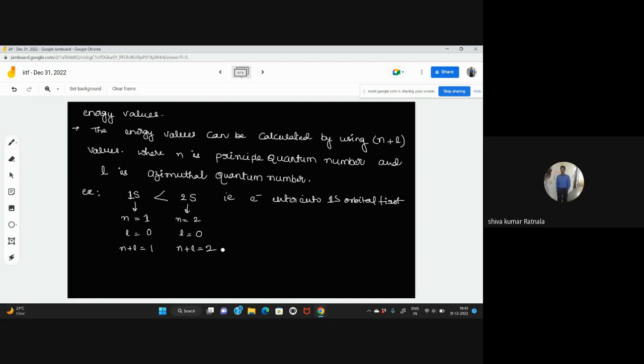L equal to n minus 1 means the maximum value. For any n value, there will be n values of L, from 0 up to n minus 1, starting from 0. And for an s orbital, the L value is 0, fixed.